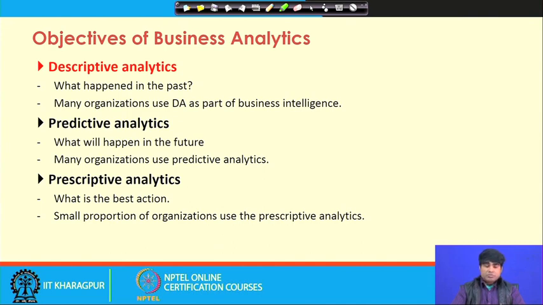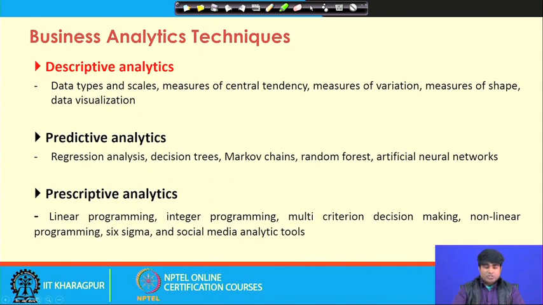Now, here we are in the process of discussing descriptive analytics. As per the earlier discussion, these are the various tools available under descriptive analytics, predictive analytics and prescriptive analytics. In the case of descriptive analytics, we have data types and scales, measures of central tendency, measures of variation, measures of shape and data visualization.